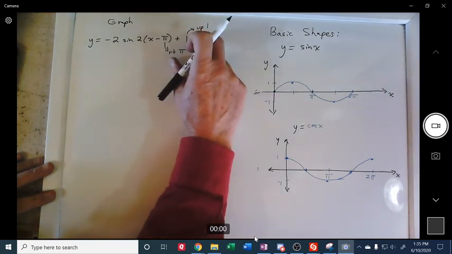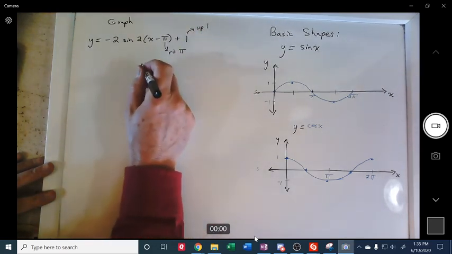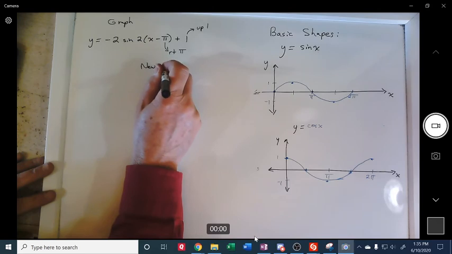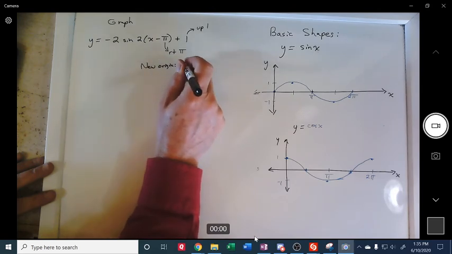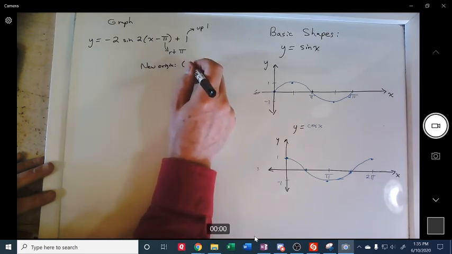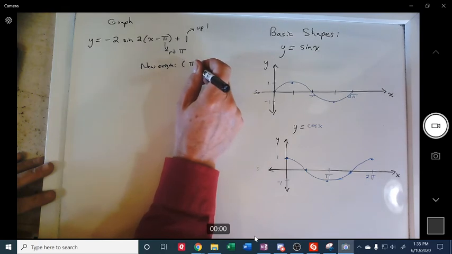Now you put these two facts together, I'm going to call it a new origin. Pi units to the right, 1 up.